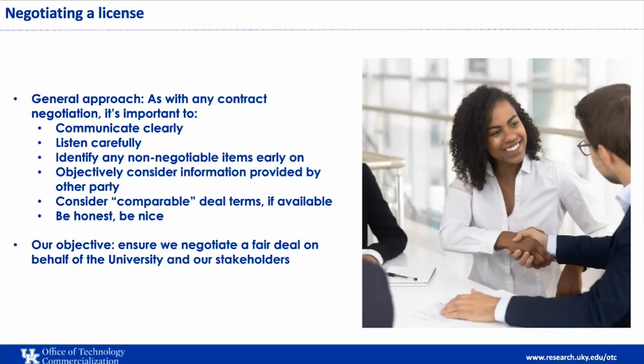And our objective, also important to keep in mind, is that we want to ensure we negotiate a fair deal on behalf of the university and our stakeholders, not necessarily the best deal or the most lucrative deal.